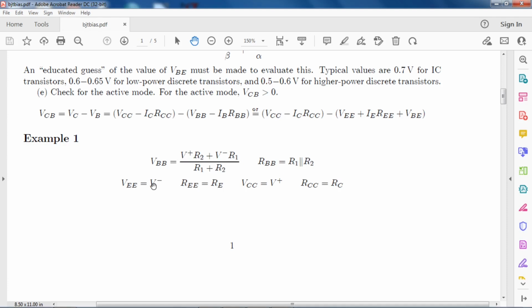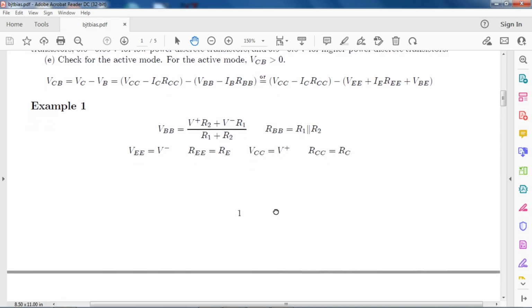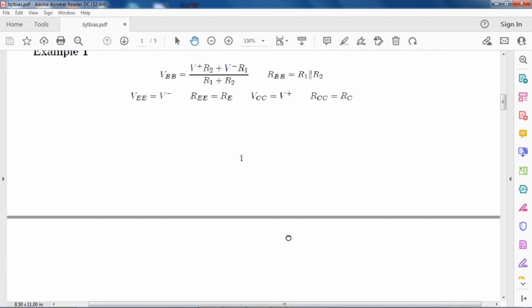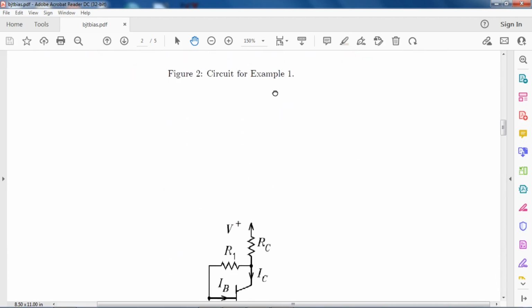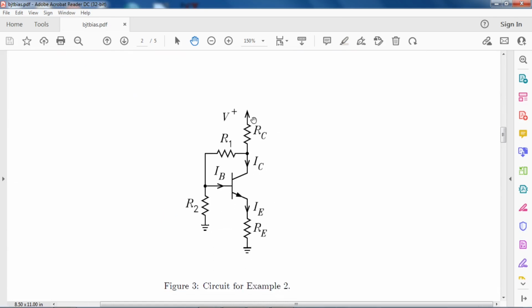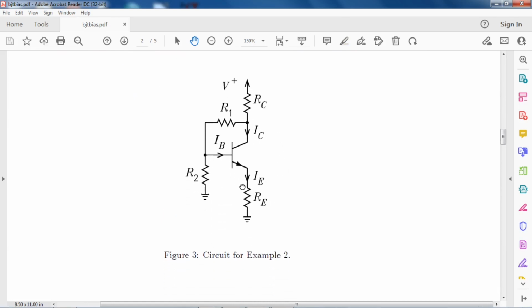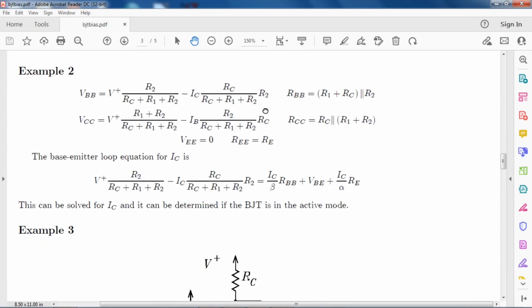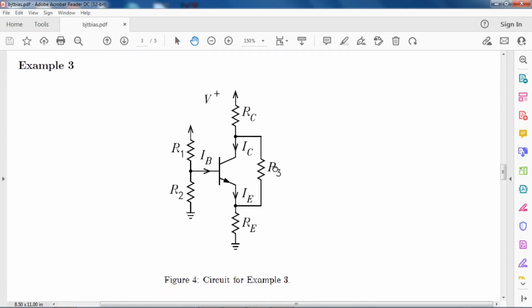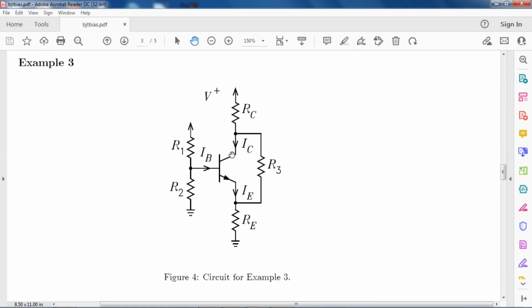VEE is equal to V minus, REE equals RE, VCC is V plus, RCC equals RC. That's one example, but he has many other examples with much more complex configurations, but you can figure out the IC the exact same way.